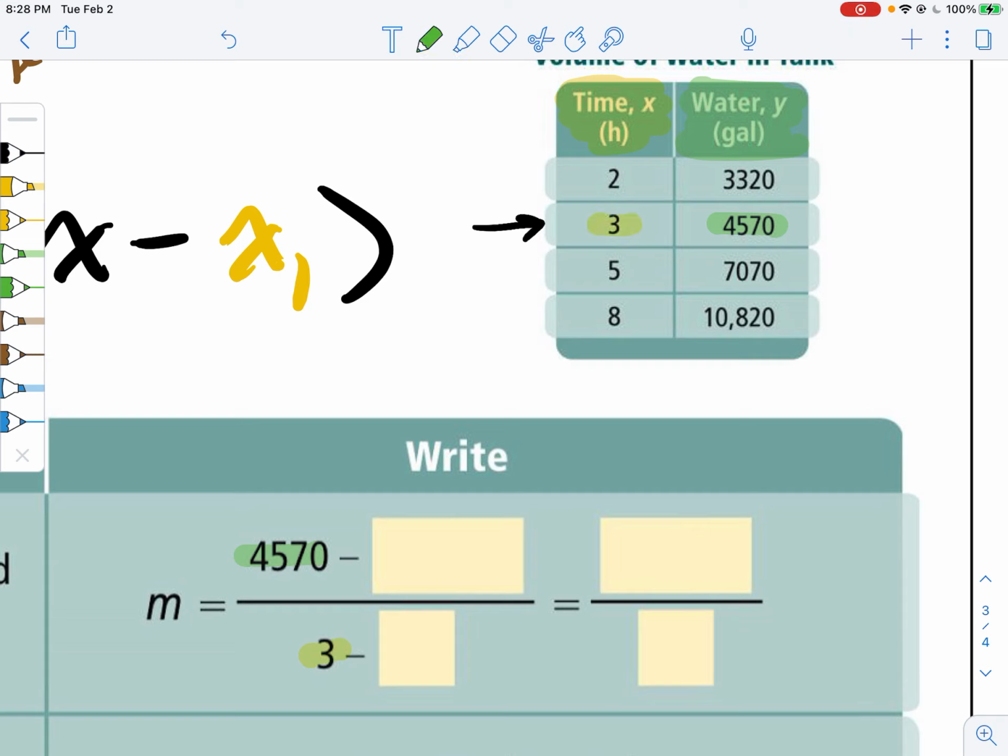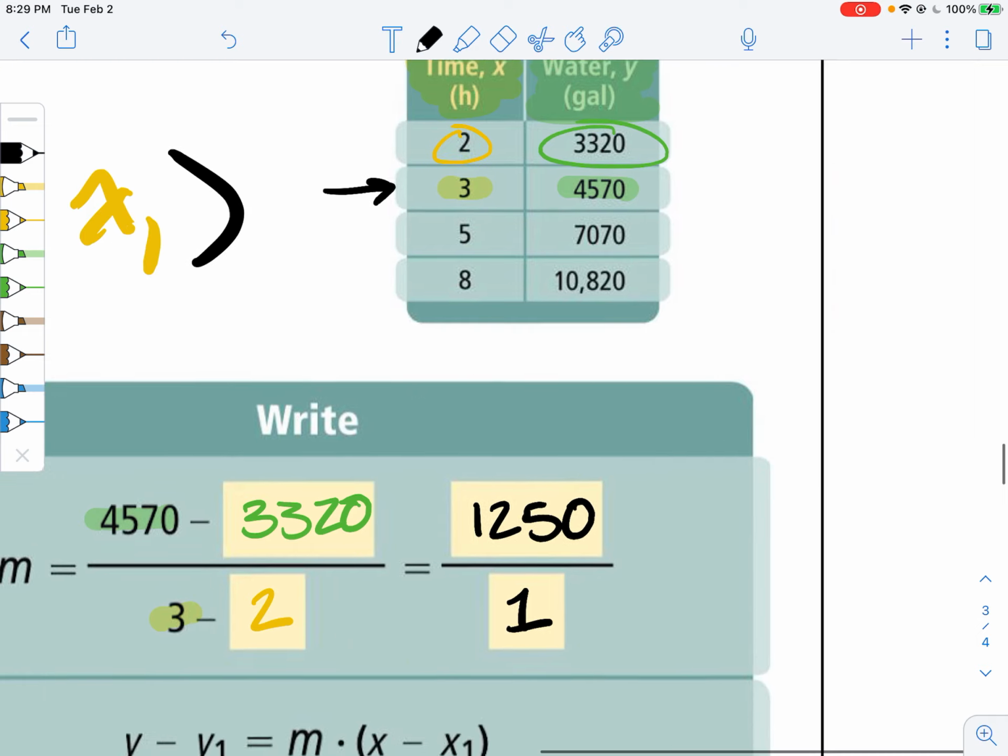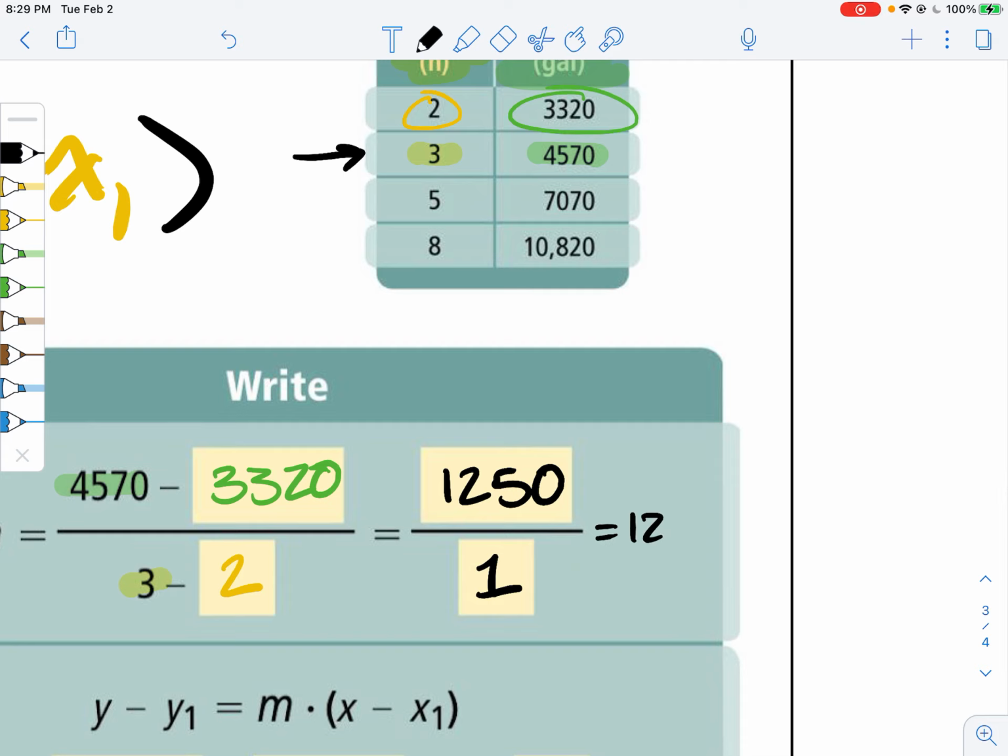And let's also go with 3320 and 2. So we got our change in y over our change in x, which gives us 1250 over 1, which is really nice because that's 1250.